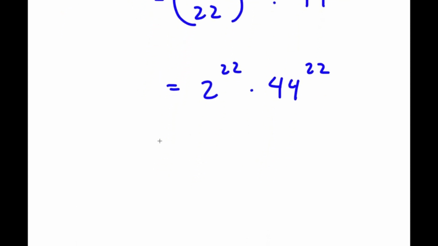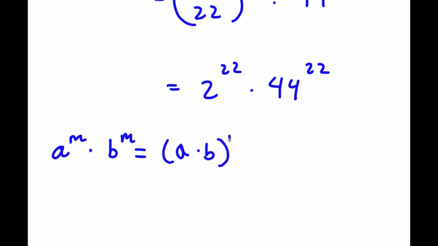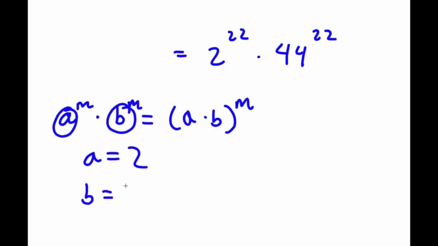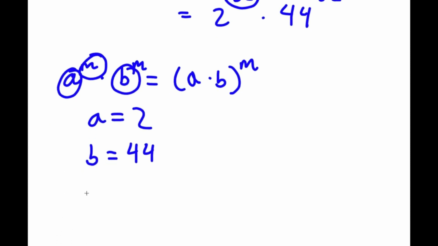Now, if I have something in the form a to the power of m times b to the power of m, this is simply equal to (a times b) to the power of m. So in this case, we have 2 to the power of 22 times 44 to the power of 22. And we can think of a here as 2, b as 44, and m as 22.